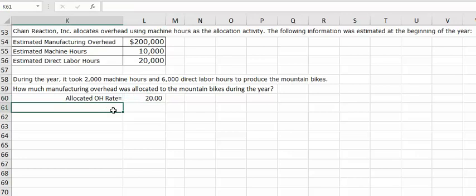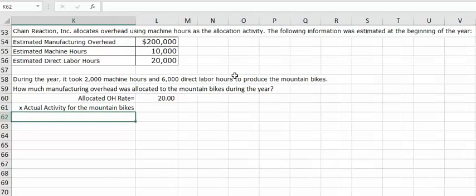To get the actual allocated amount, you take that rate and multiply it by the actual activity, in this case for the mountain bikes. So how much is that?